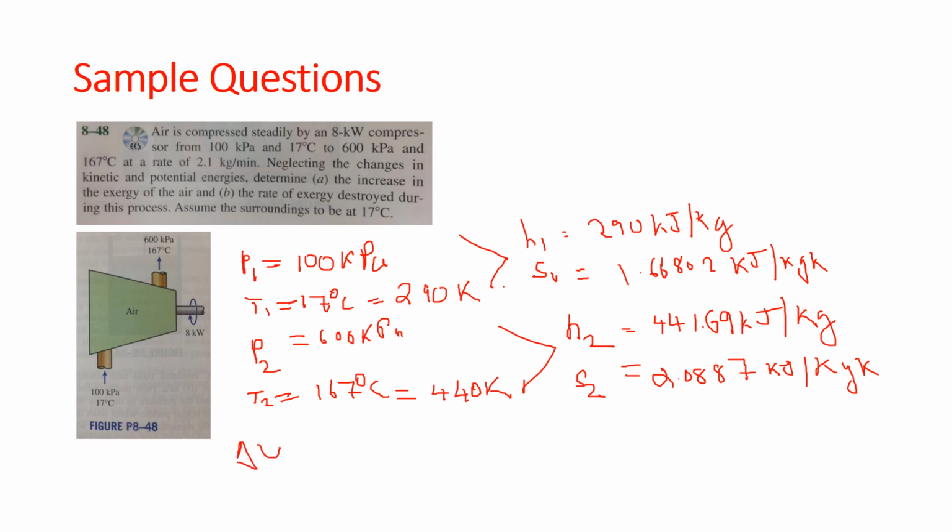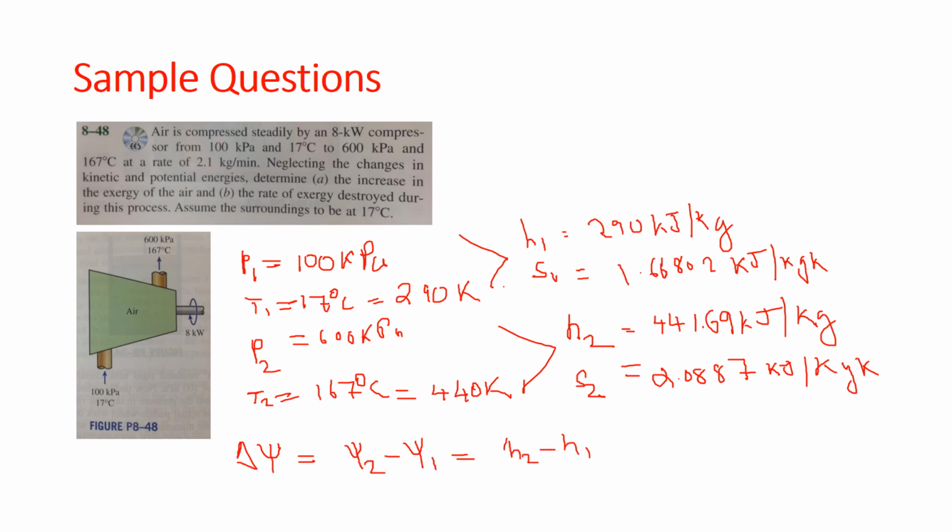Delta psi is equal to psi 2 minus psi 1, which is also equal to H2 minus H1.